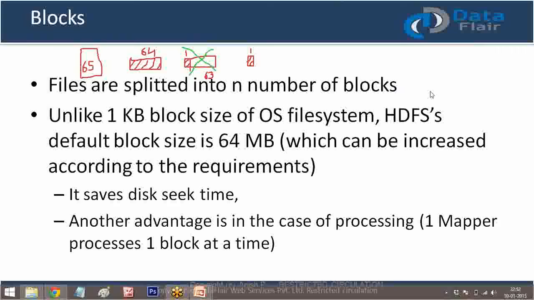It means my block size is random in nature. If it's not getting full, it is not going to occupy the complete space. It will occupy only the space that is necessary. Is this clear?